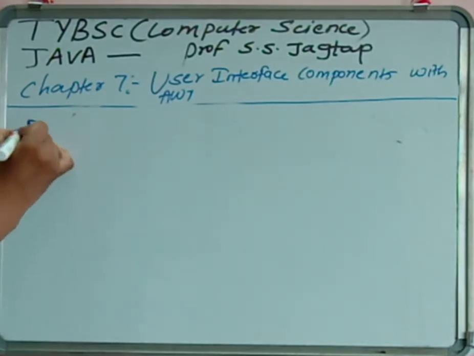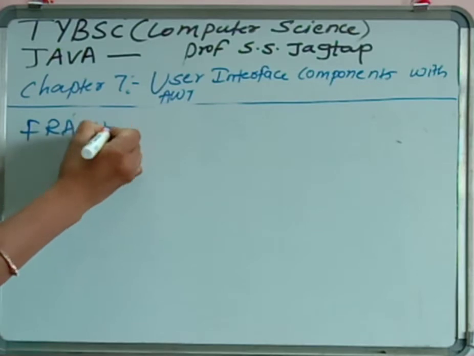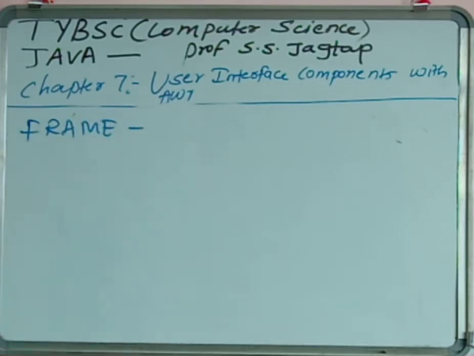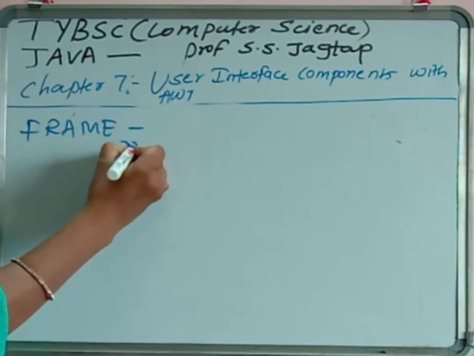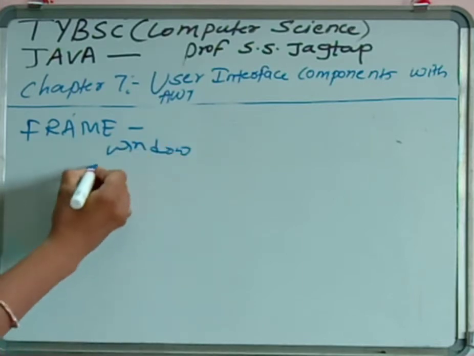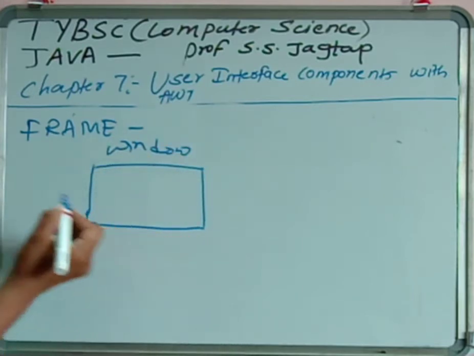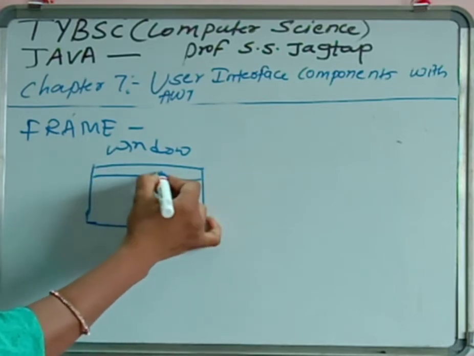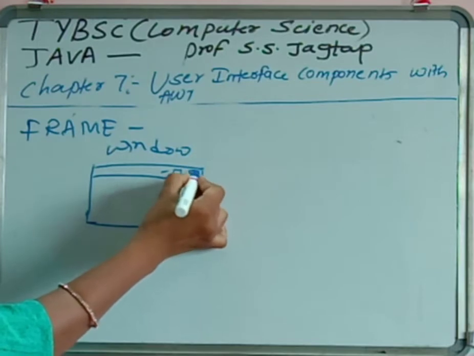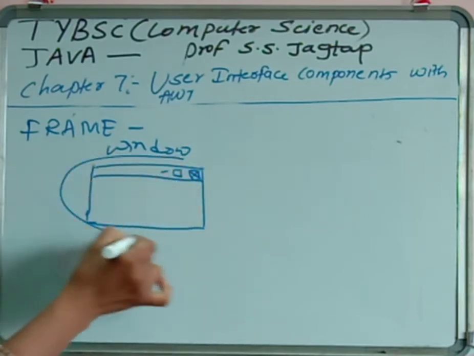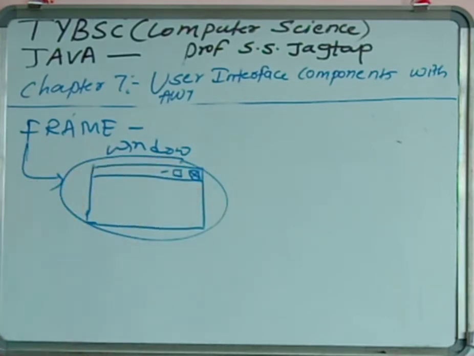Next topic is Frame. Frame is used to create a window. Whenever we open something, a window comes, with controls for minimize, maximize and close. This is nothing but the frame.